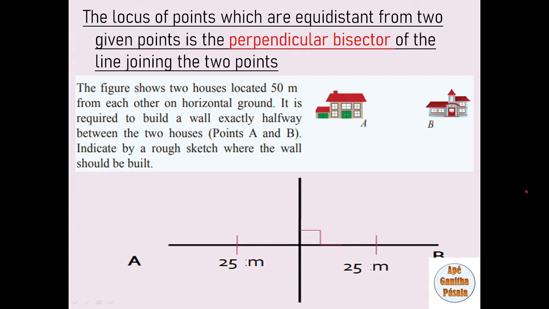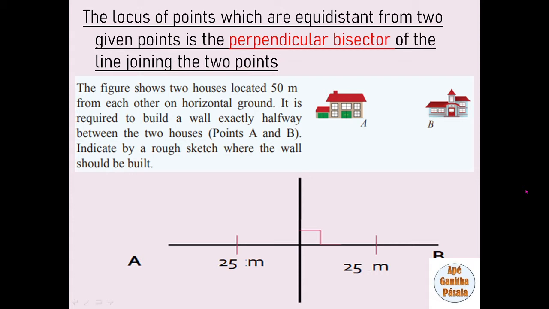It is required to build a wall exactly halfway between the two houses. Indicate by a rough sketch. No need to measure. Roughly mention the measurements. That is called a rough sketch. Where should the wall be built?